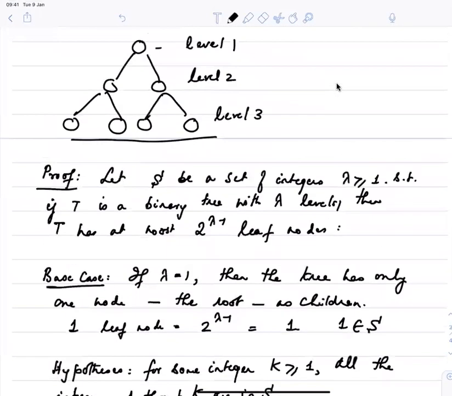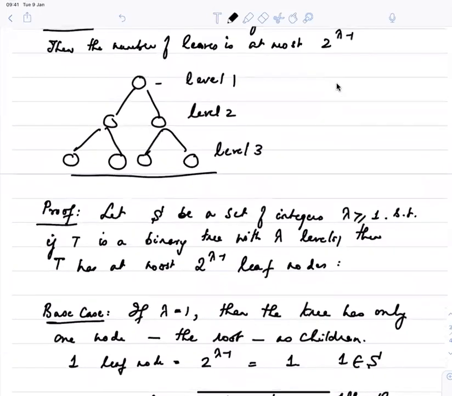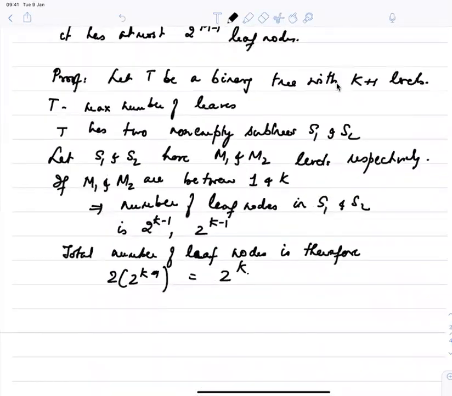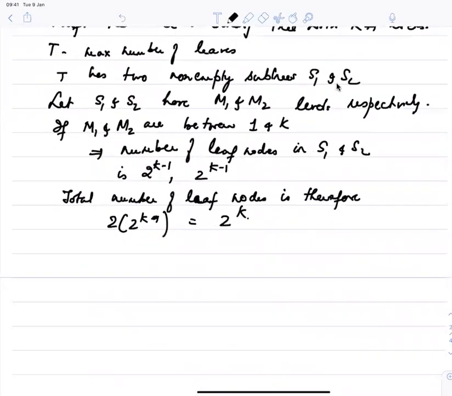Why does this happen? Because we're looking at the root's two subtrees. This one has M1 levels, this has M2 levels. This is a k plus 1 level tree. And what is the maximum number of nodes? By the induction hypothesis, it can have 2 to the k minus 1 nodes. And we add both subtrees to get the total number of leaf nodes.